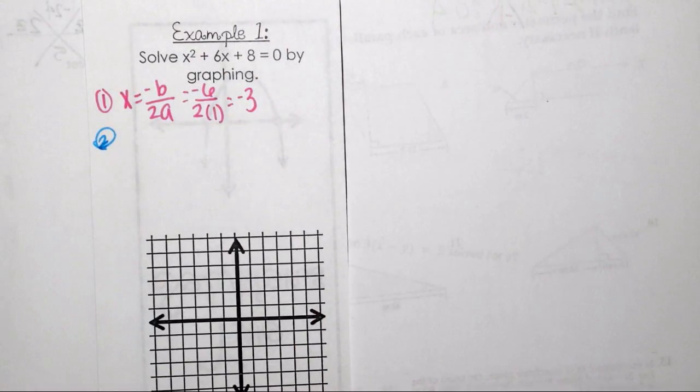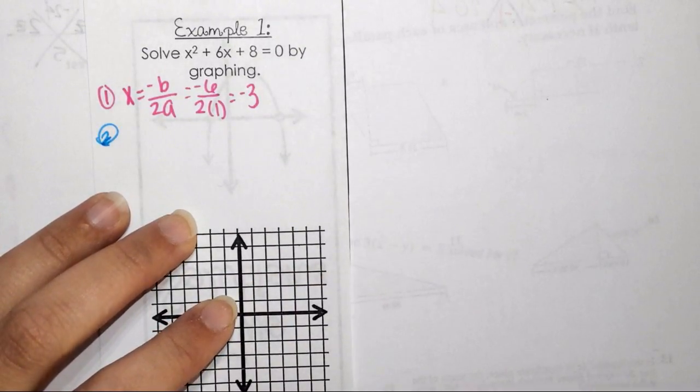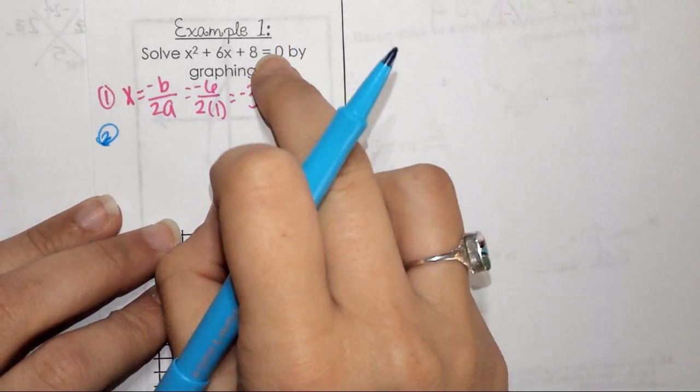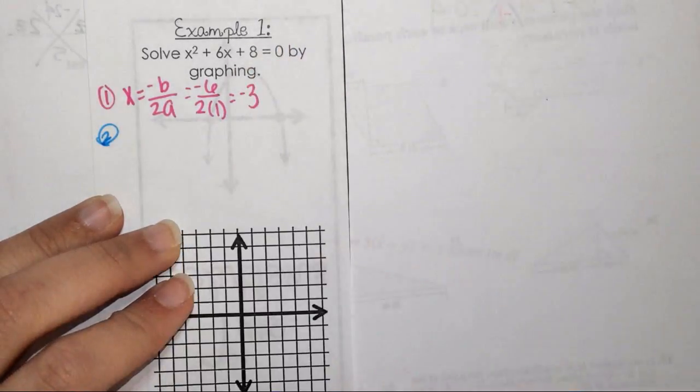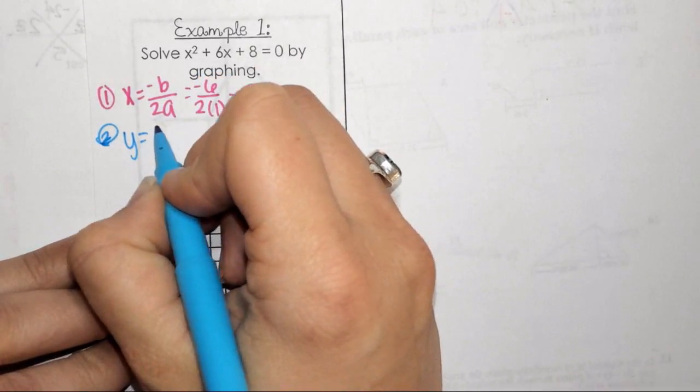All right, what's step 2? What do we do now? You find the axis of... We did that. Plug it in to get your vertex. Good. Take a point if you said plug it in to get your vertex. All right, so we know that y is equal to 0 because we're looking for our zeros, but we're also going to say y equals x squared plus 6x plus 8.